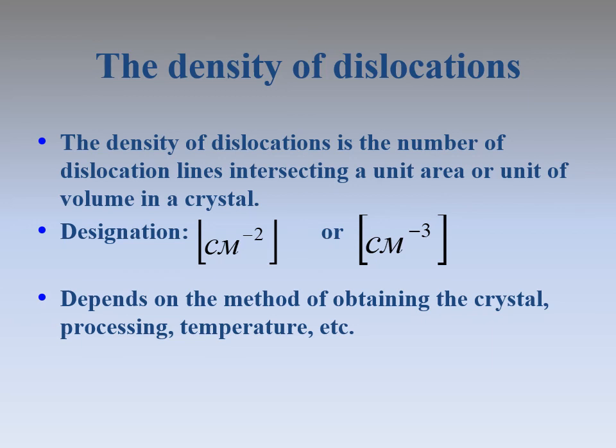There are dislocation-free crystals. To understand these figures better, we note that when the dislocation density is only 1000 centimeters minus 2, the total length of dislocation lines in 1 cubic millimeter of the crystal is 1 kilometer. It is a very big figure.